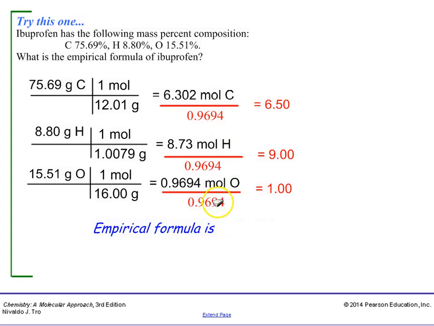Divide all 3 by the smallest, and I end up with 6.5, 9, and 1. 6.5 can't possibly be a correct empirical formula, but 6.5 times 2 is 13. So if I multiply all of these by 2, the empirical formula for ibuprofen, and it also happens to be the molecular formula, is C13H18O2.